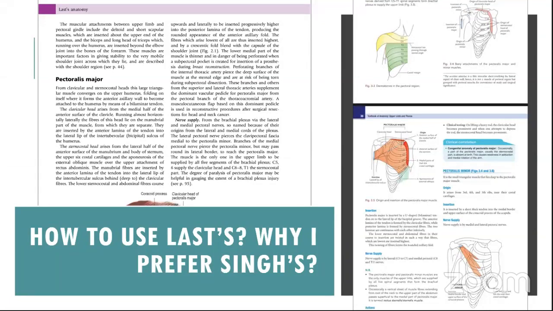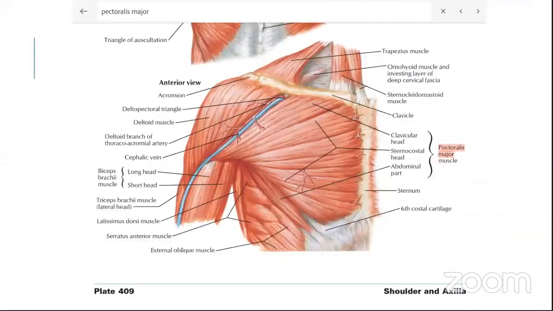All right. So on this slide, you will see that we have the pictures here. What you'd have to do is open the Netter's, and this is the Pec Major right here. So you open your Netter's like this, look at the Pec Major, and then you go back and read what Last is saying.